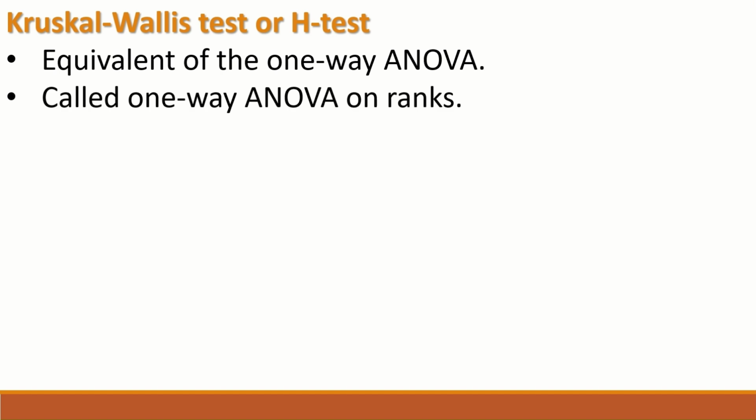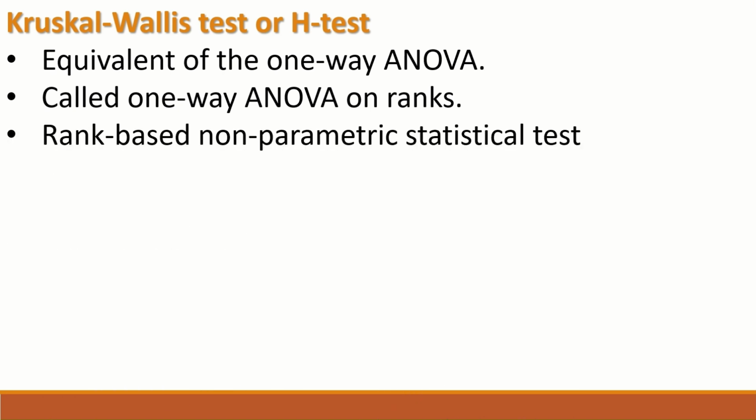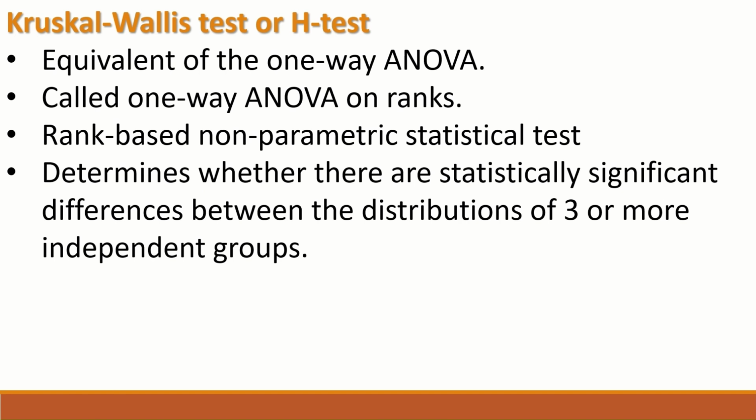The H test can also be called one-way ANOVA on ranks, and it is a rank-based non-parametric statistical test. The test will determine whether there are statistically significant differences between the distributions of three or more independent groups.